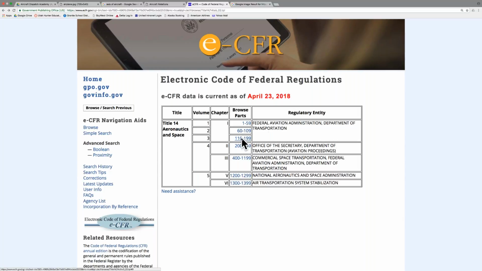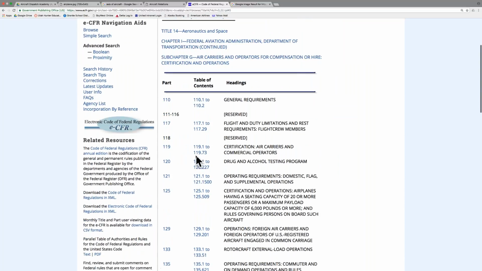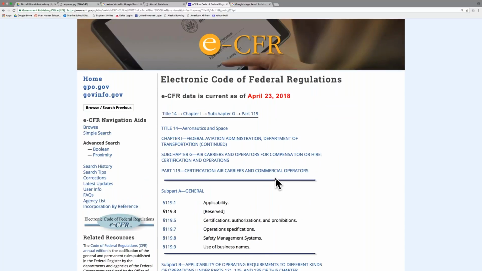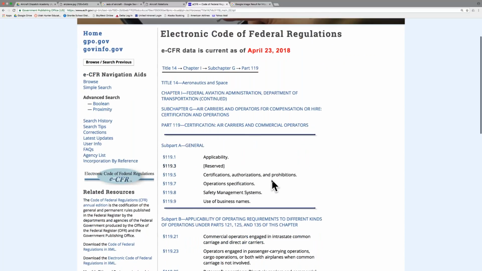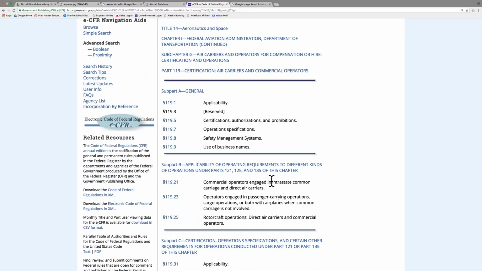And the only other one that I can really think of that we don't need to spend too much time on is the certification of air carriers. In order to be considered a commercial air carrier, these are the restrictions and the things that they have to have. This is talking about something like SkyWest.